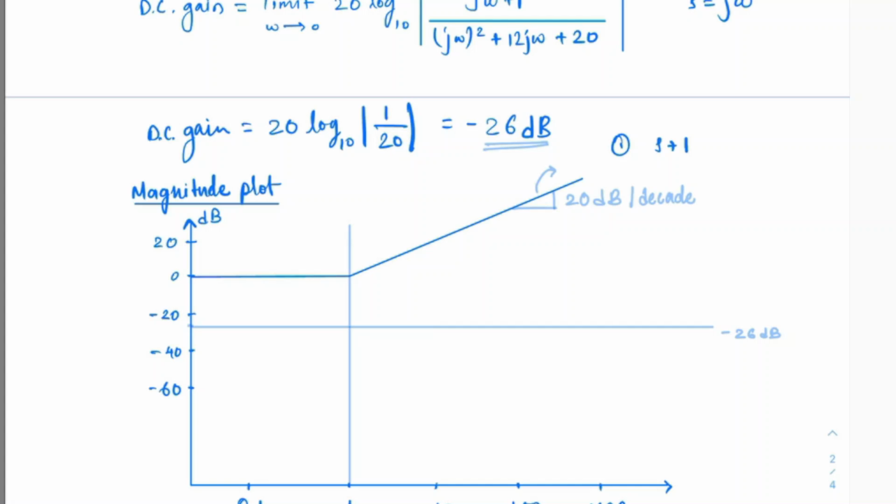This component corresponds to s plus 1, and this one corresponds to 1 over 20, which is the DC gain.